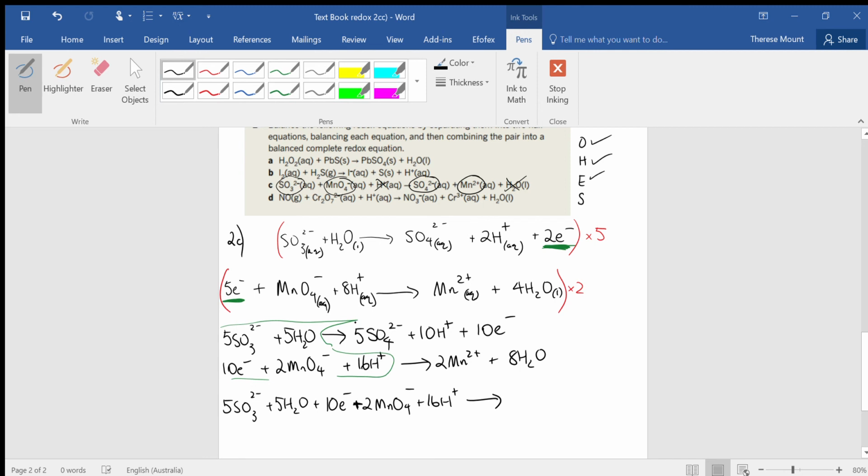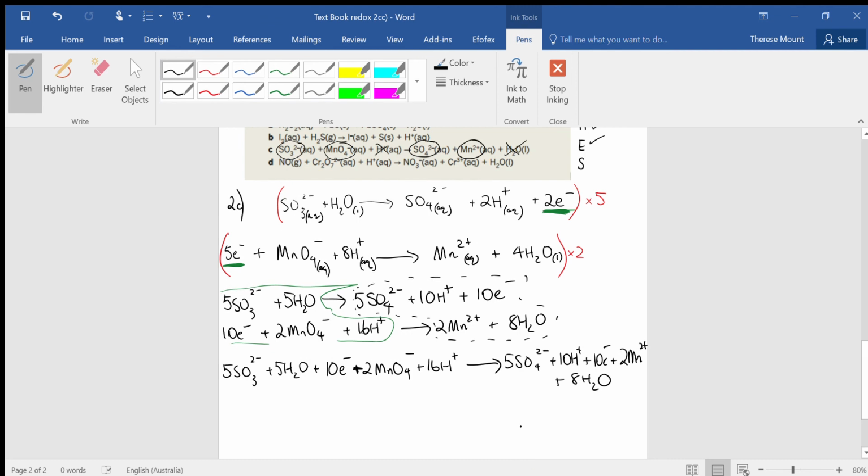Now I'm going to add all my products next to each other. 5SO4 2 minus plus 10 hydrogen plus 10 electrons plus 2Mn2 plus 8 water.